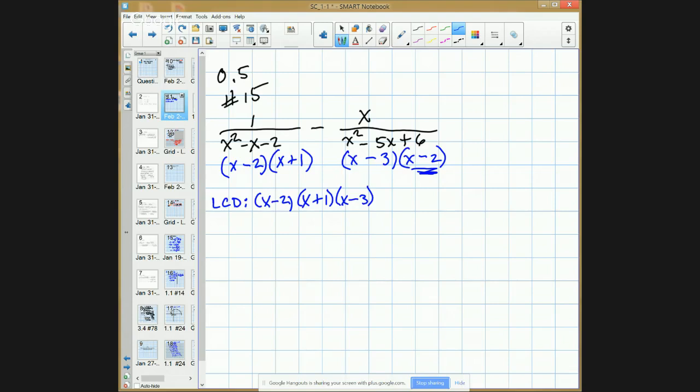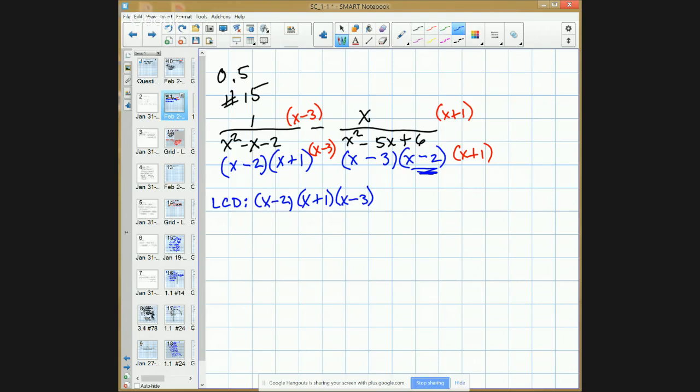You see we're missing in the first fraction an x minus 3. That means I got to take the top and the bottom times x minus 3. And in this one, what are we missing? An x plus 1. So I'm going to take the top and bottom times x plus 1. So now both fractions will have the same denominator.